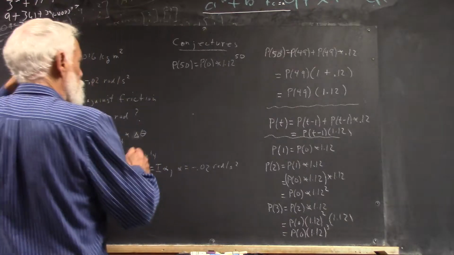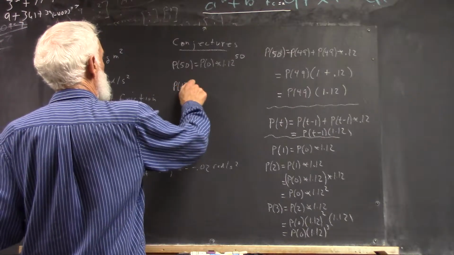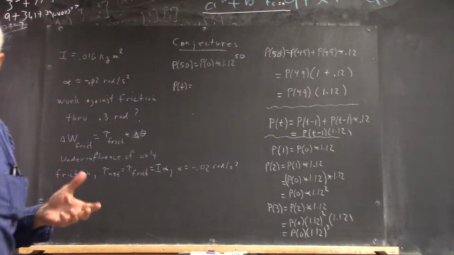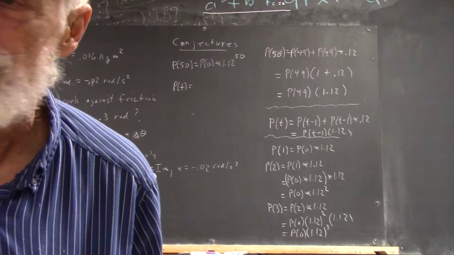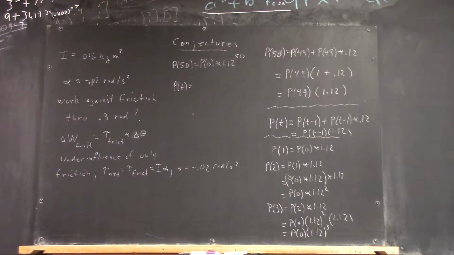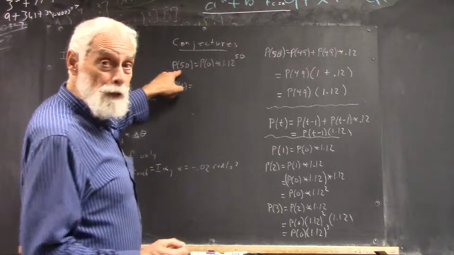And we could then write, okay, how about P of t equals what? P of 0 times 1.12 exponent t. Yeah. In other words, the number here seems to match the number here.